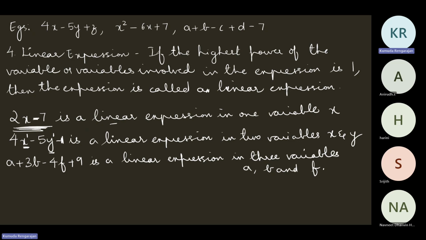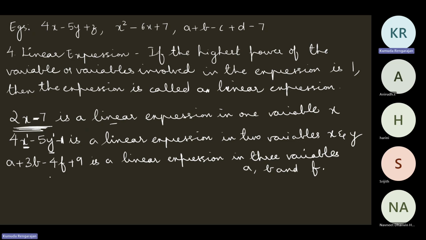The power of y is 1. So both the variables x and y have the power 1. That means the highest power of the variable is 1. So only when the highest power is 1, the expression can be called a linear expression.